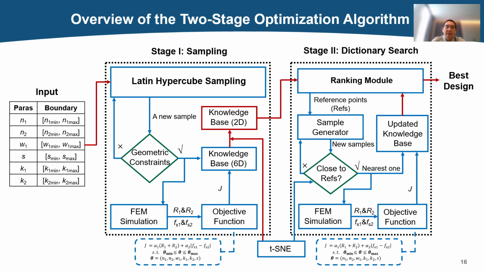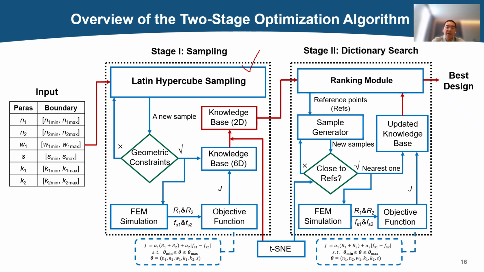This figure illustrates the overall structure of the proposed optimization algorithm. The 6 design parameters, along with their respective boundaries, are first input into a Latin hypercube sampling process. This sampling method selects a representative subset of parameter combinations for evaluation, rather than exhaustively testing all possible combinations.